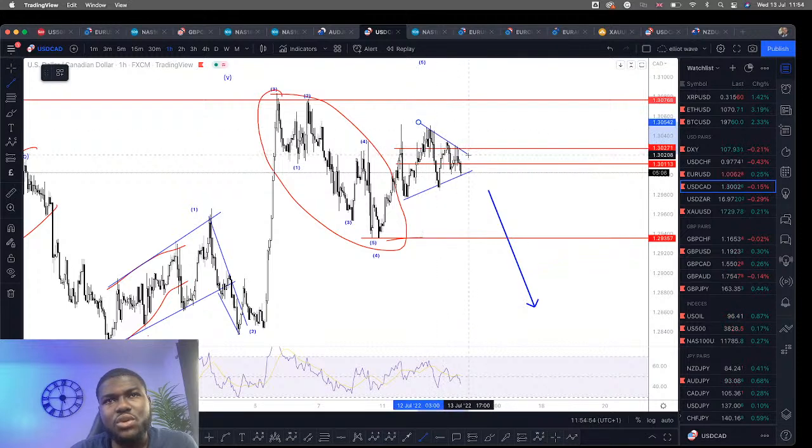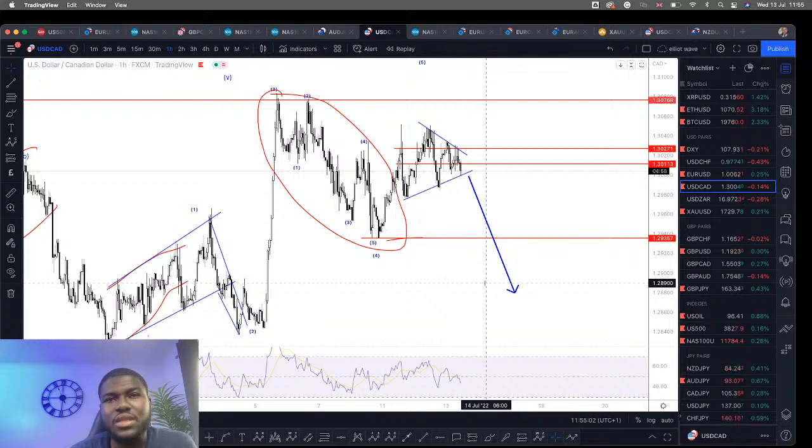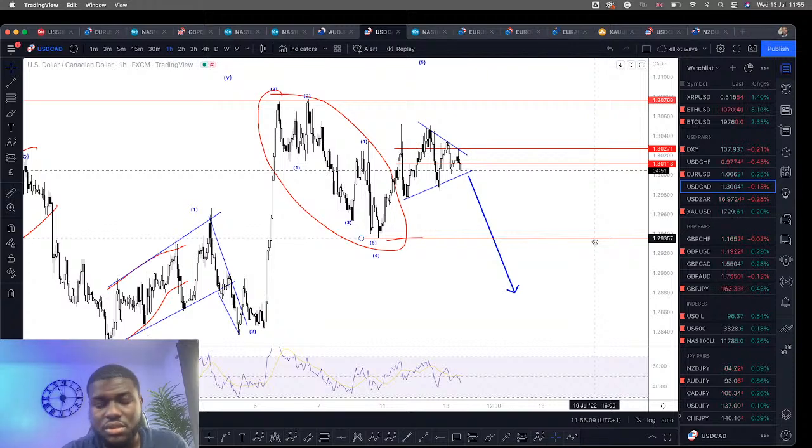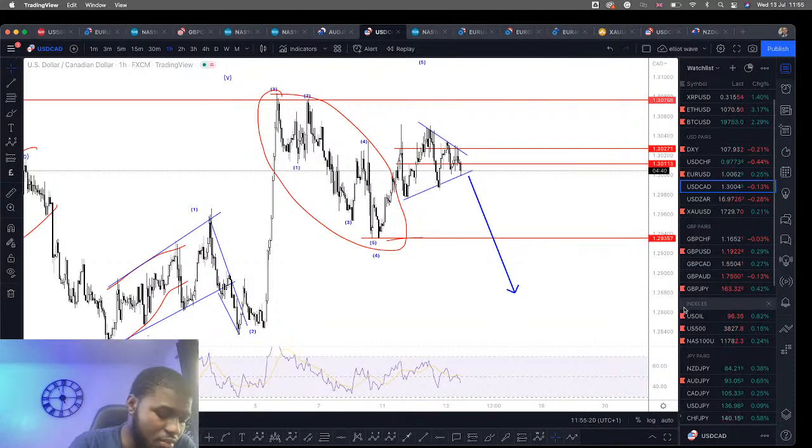This looks more like a triangle, like an A, B, C, D, E. So I'm expecting maybe a breakout to the downside, but I don't have any trade on USDCAD right now actually. So I kept folding my hands and examining and seeing what might come out of it. I just thought I should let you guys know in case you want to ask me about USDCAD.